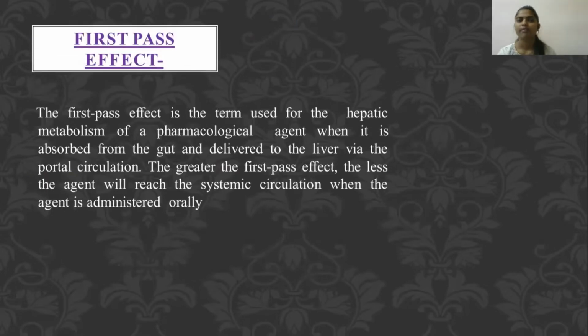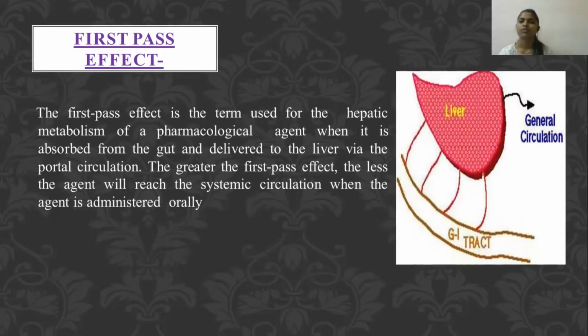Next is what is meant by first pass effect. First pass effect is the term used for the hepatic metabolism of a pharmacological agent when it is absorbed from the gut and delivered to the liver via portal circulation. The greater the first pass effect, the less of the agent will reach the systemic circulation when it is administered orally.